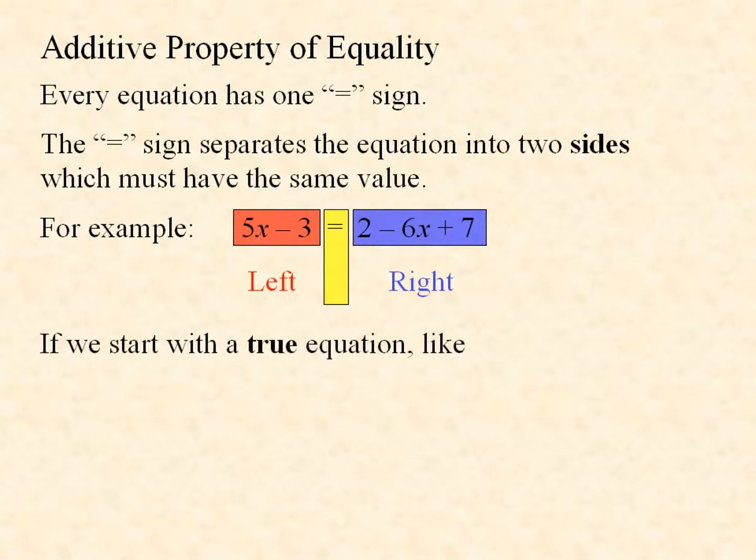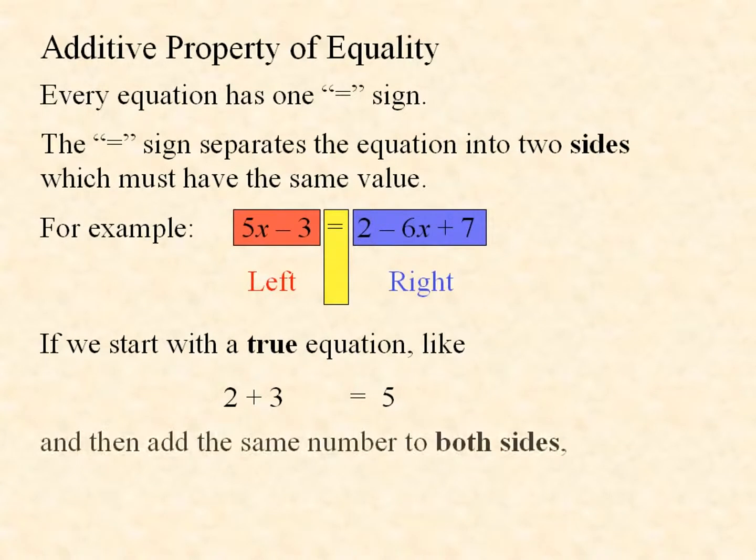If we start with a true equation, like 2 plus 3 equals 5, and then add the same number to both sides, for example, we add 4, we end up with another true equation.